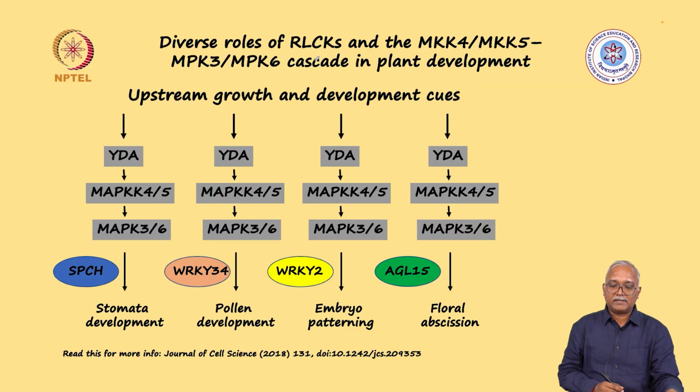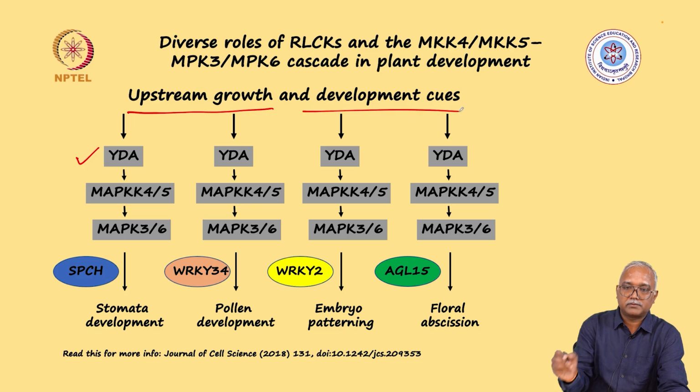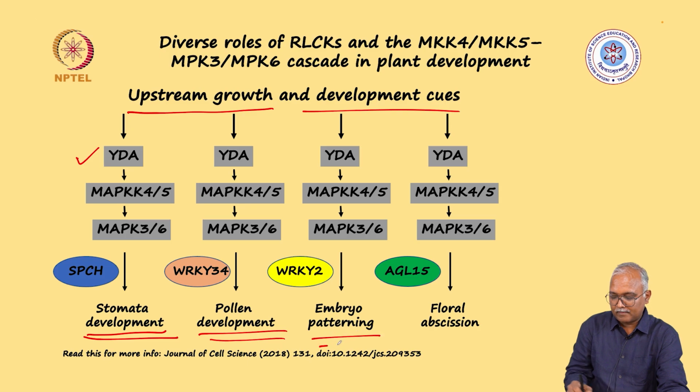What you can understand further is that this is not the only example I gave you for YDA; there could be multiple upstream growth and developmental cues. Think about a process, you will find that there is a definite set of signals, secreted peptides, brassinosteroids, coming together and ensuring that the final aspect of that signaling is met.